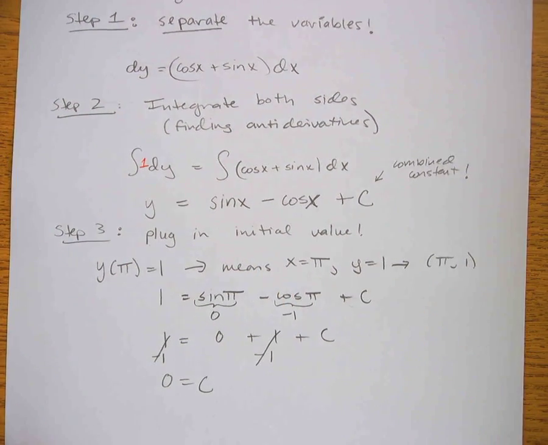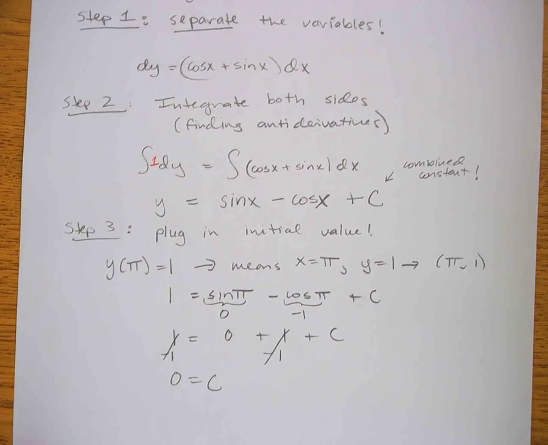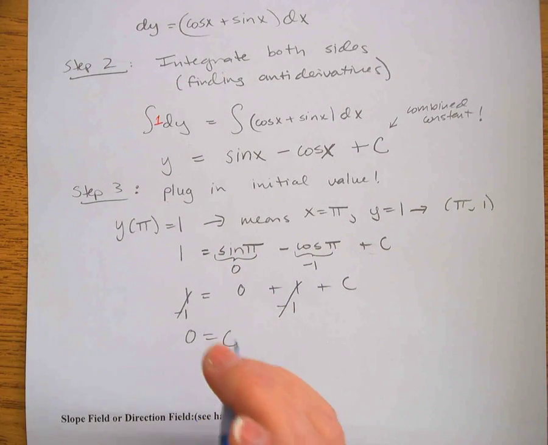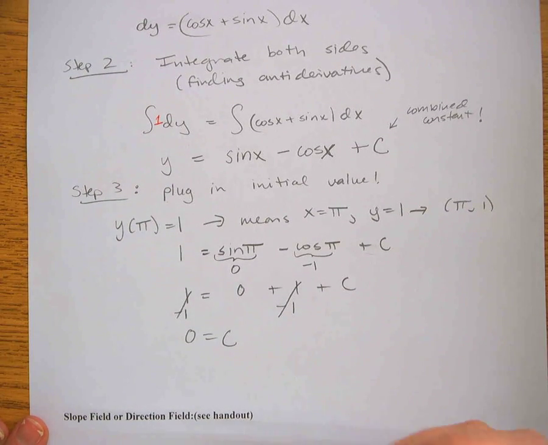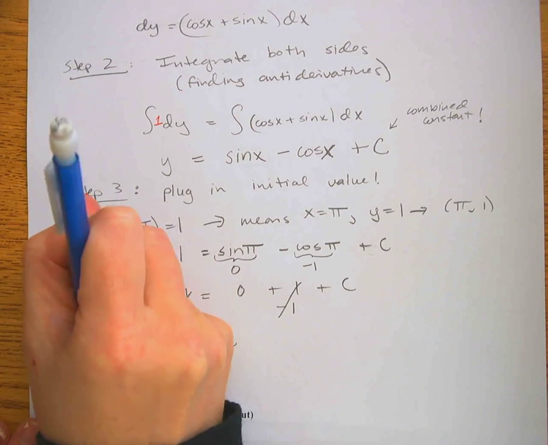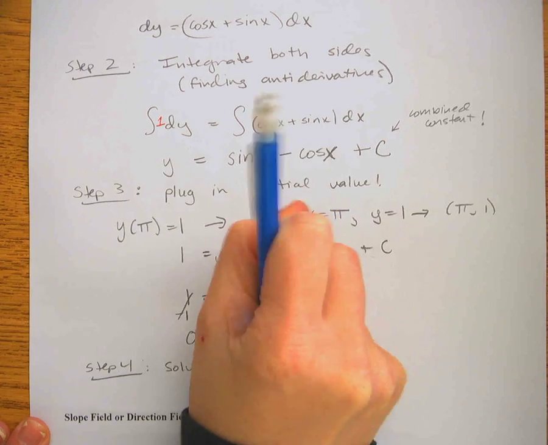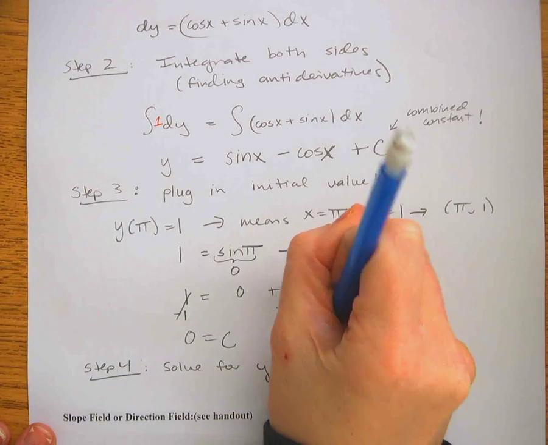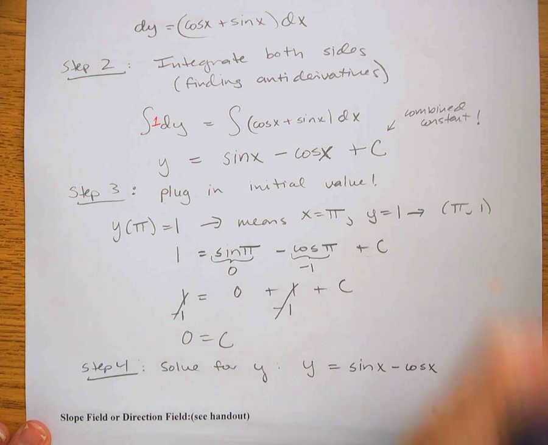And I basically find out that the constant is 0. So then I basically just write my solution, or solve for y. So I guess step 4 would be solve for y. So y is basically equal to sine x minus cosine x plus 0.